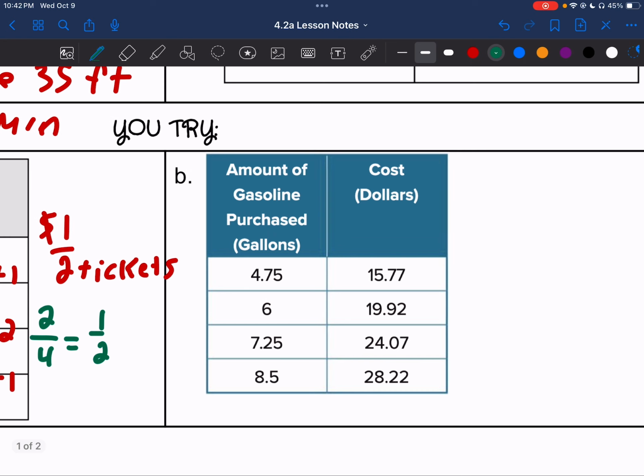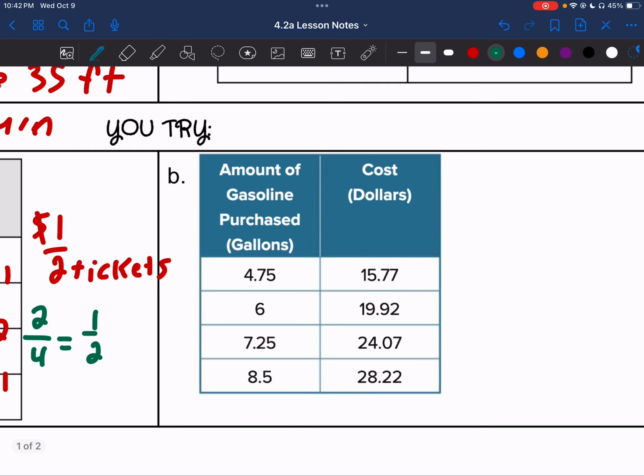All right, letter B, we're going to look at, we've got gasoline being purchased, and we are figuring out what is the rate of change of this gasoline being purchased. So first thing we need to do is find what the rate of change is between these. So from 15.77 to 19.92, that's 4.15, and it's going to be the same on all 3 of these, 4.15.